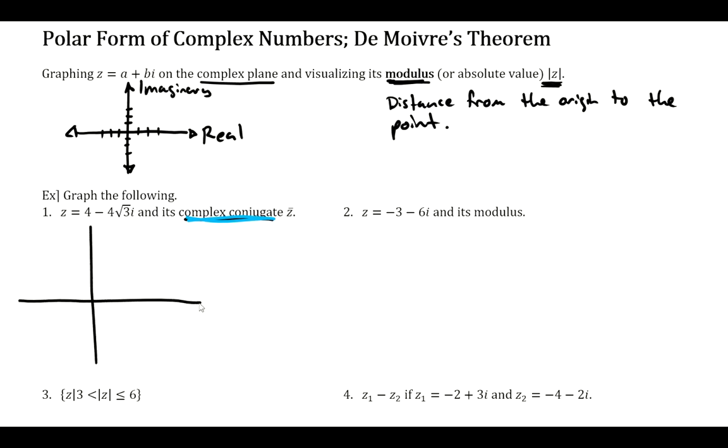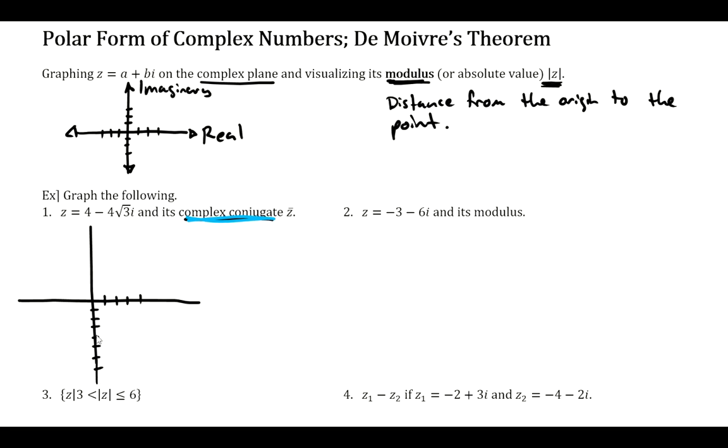Okay, so here we go. The 4 radical 3 is a little bit tougher to visualize, but I'm just going to say, well, the real part is 4. So 1, 2, 3, 4. And then this negative 4 radical 3i, that's the imaginary part, the 4 radical 3 with the negative in front, means we should go down. Now, 4 radical 3 is probably about 8 or so.